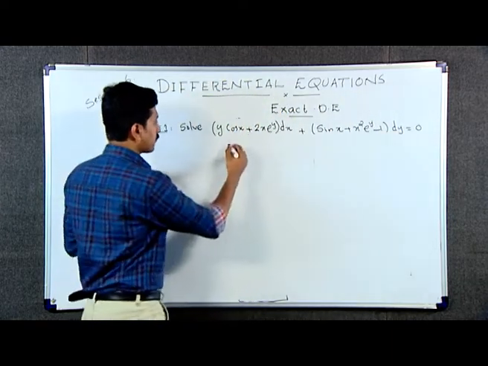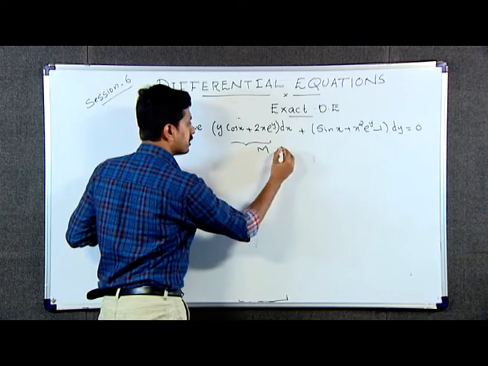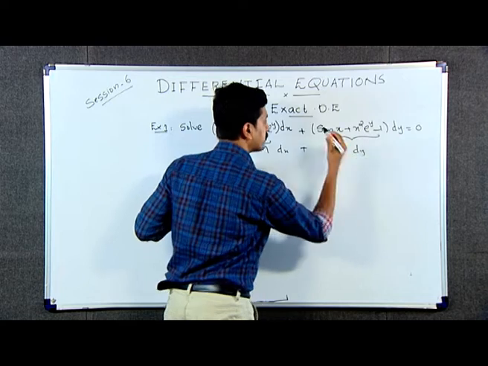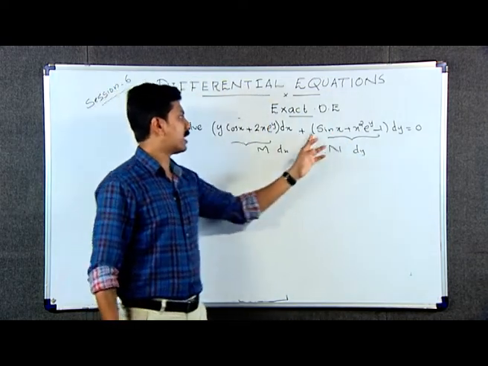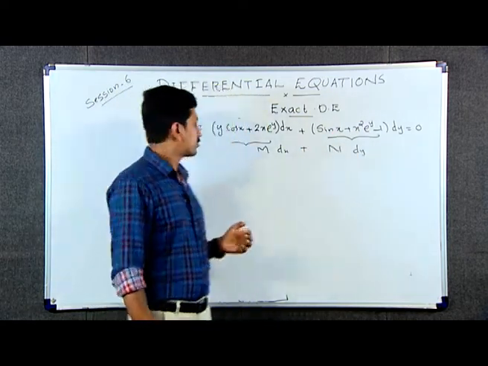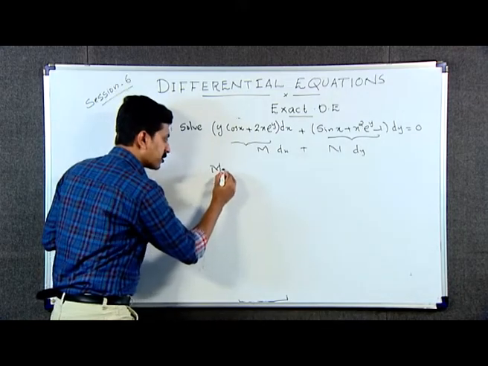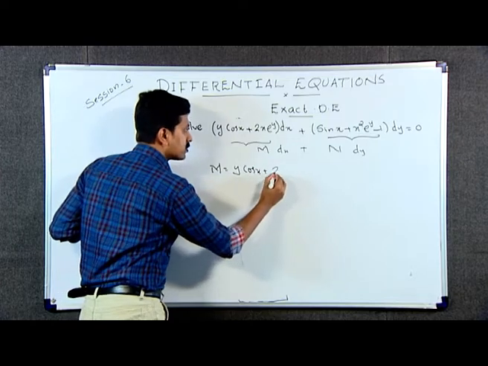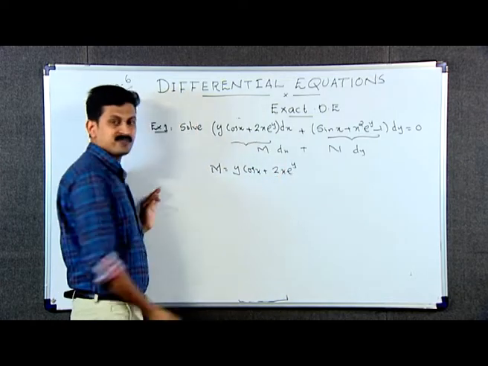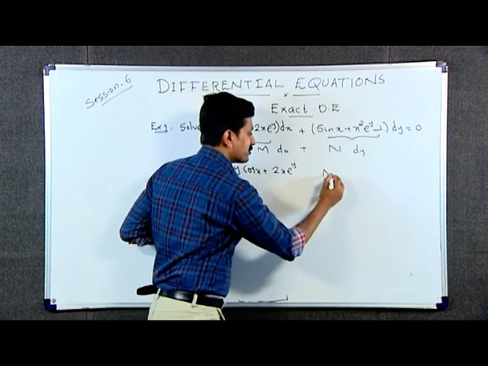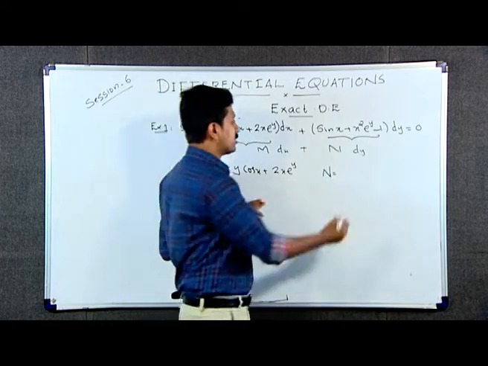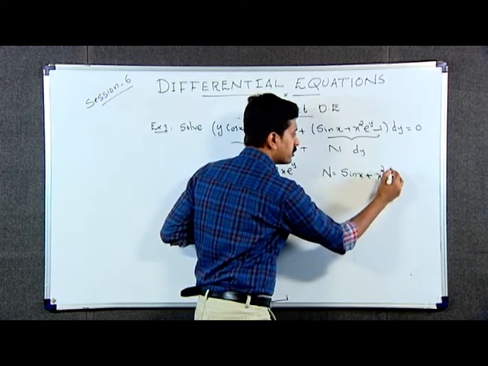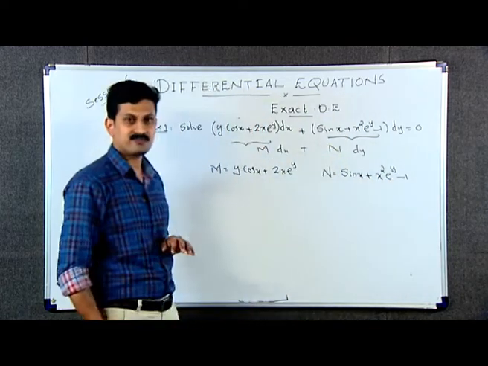See, this is of the form M dx plus N dy. This is M(x,y) and this is N(x,y). So similarly we can write M is equal to y cos x plus 2x e^y, and N is equal to sin x plus x² e^y minus 1.